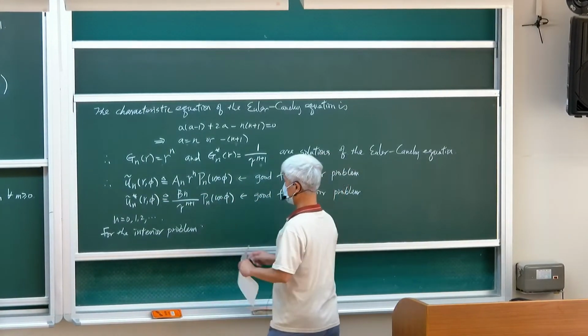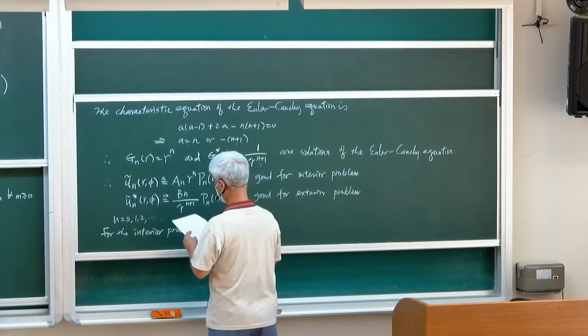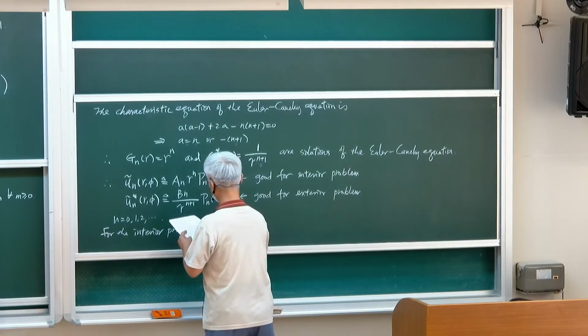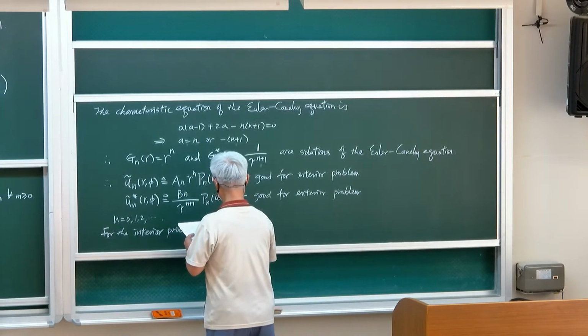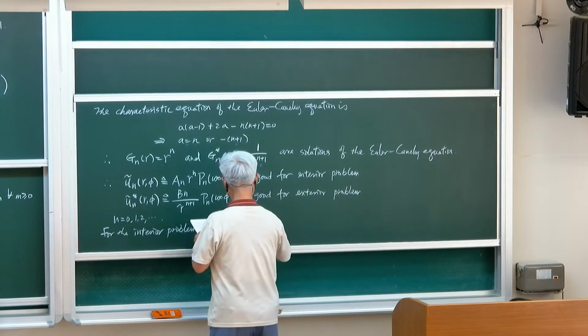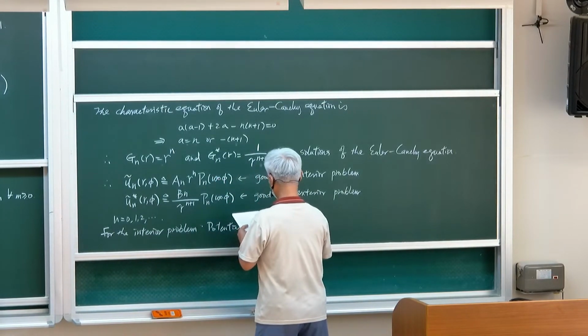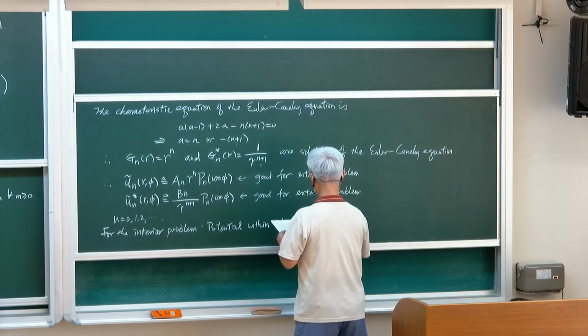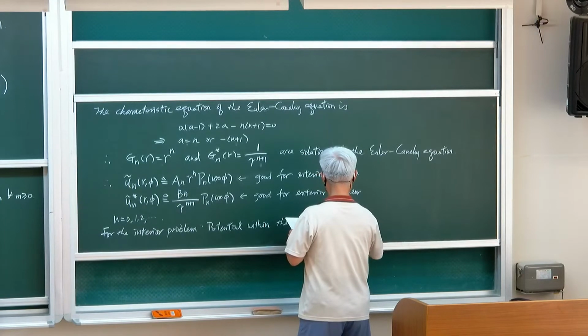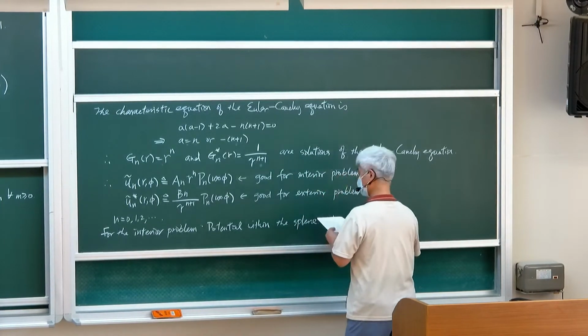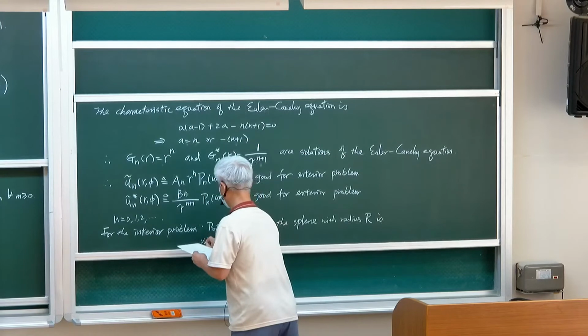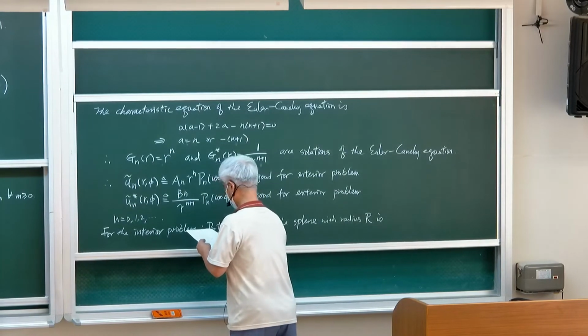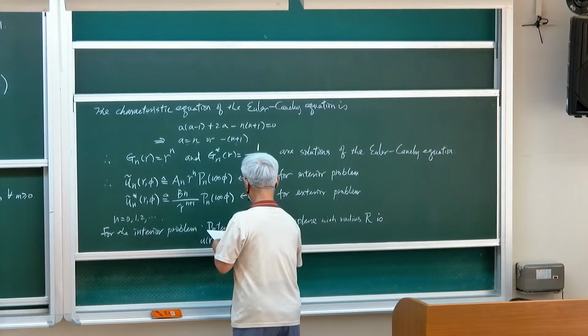Okay, so for the interior problem, the potential within the sphere with radius R, u(r, phi), is equal to the summation for n from 0 to infinity of u_n(r, phi).